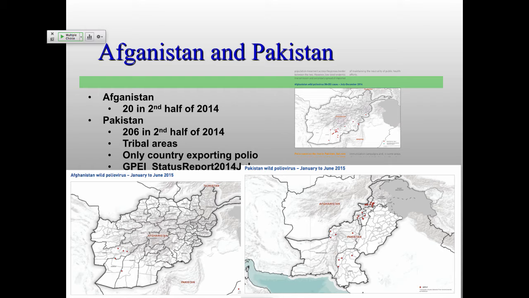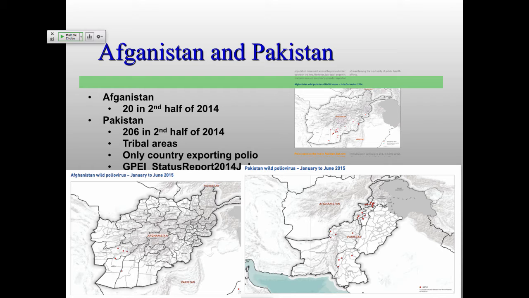But even there, we're making huge amounts of progress despite the political unrest in both of those places. Afghanistan in 2014 had 20 cases. These are the cases in 2015, only 5 of them, which is, again, really pretty impressive. And Afghanistan is probably going to be declared polio-free in the next year or so.